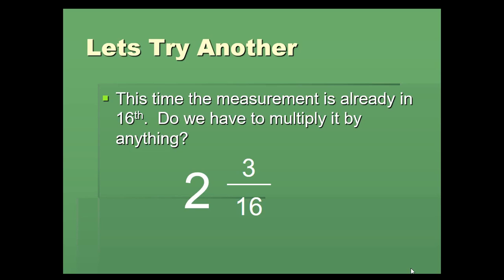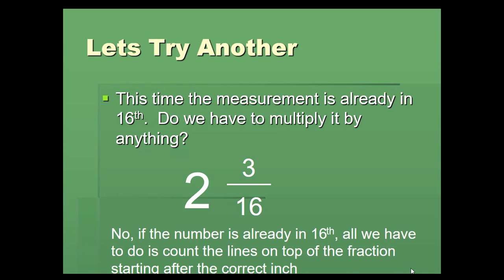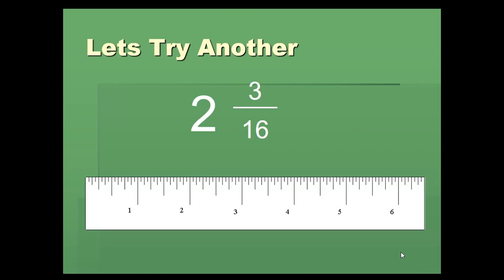Let's try another one. This time, the measurement is already in sixteenths. Do we have to multiply it by anything? No. If the number is already in sixteenths, all we have to do is count the lines on the top of the fraction, starting after the inch. So here we have our ruler. What we're going to do is find our inch first, which is 2.